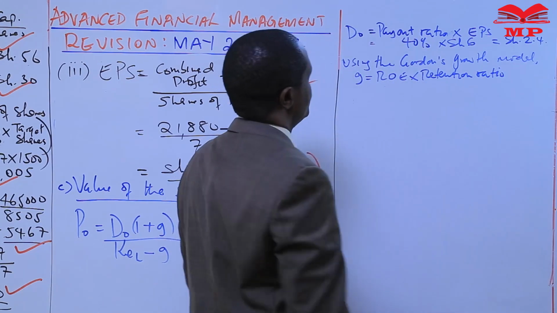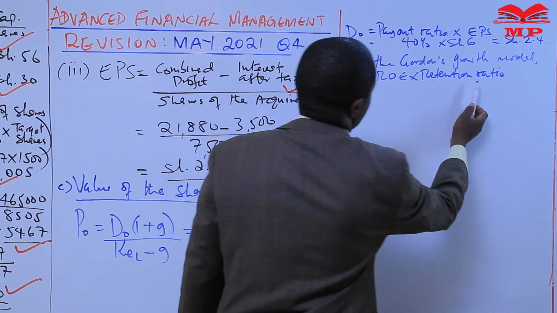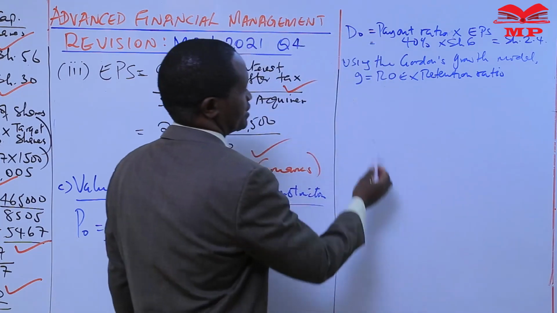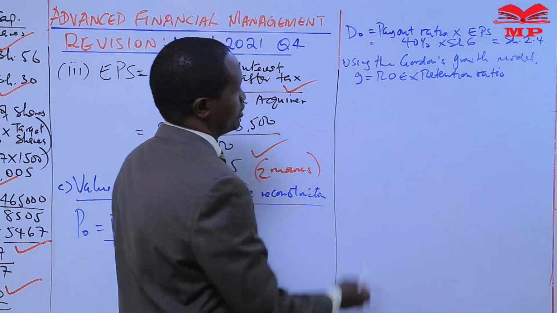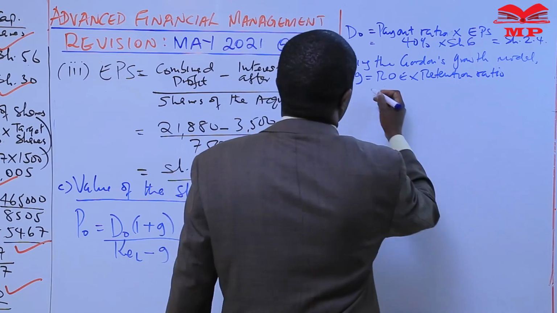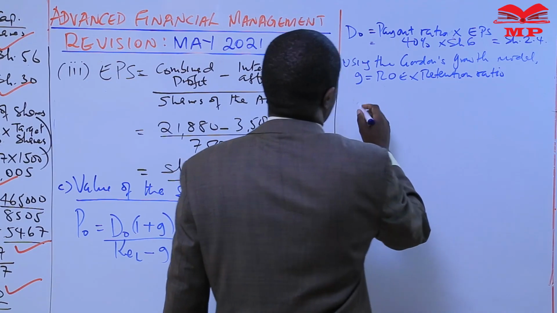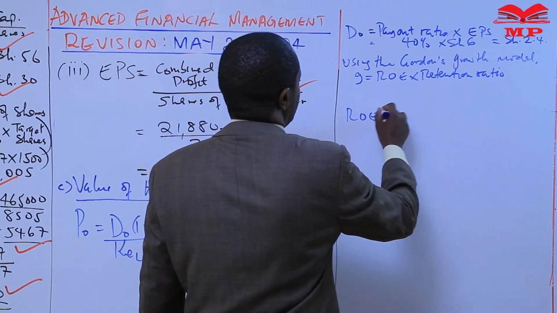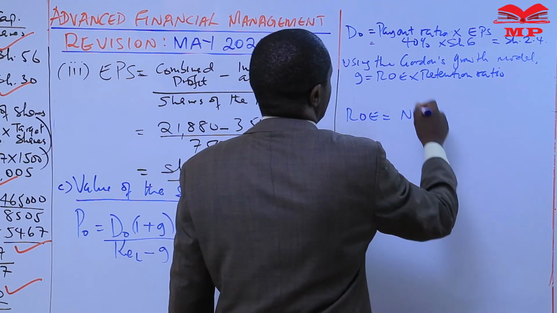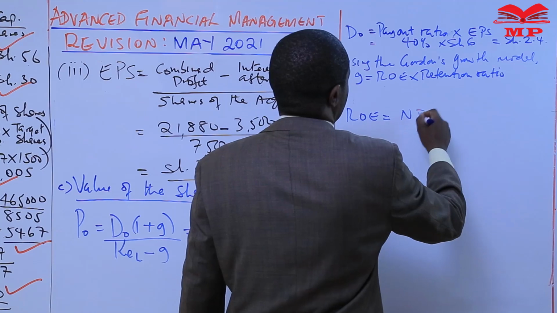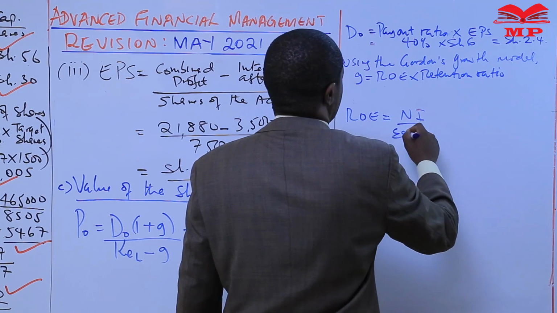And the return on equity, candidates, is equal to the net income divided by equity.